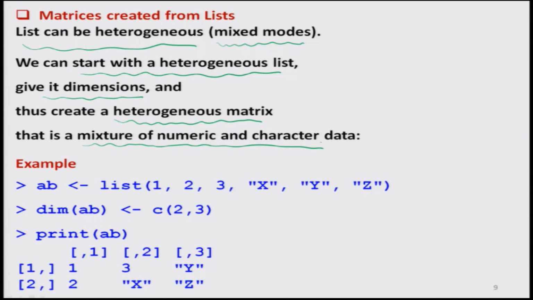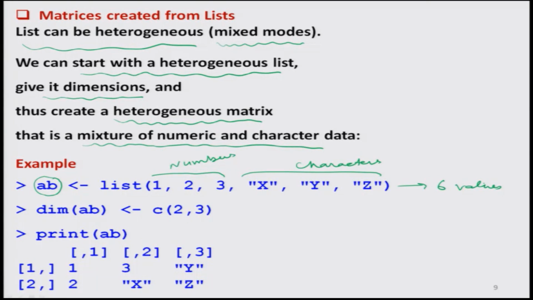Suppose I try to create here a list by the name AB, and this list has two types of entries. One is numbers and another type is character. So, I am taking here 3 numbers 1, 2, 3 and 3 characters x, y, z, and this is a list. So, altogether there are 6 values, 3 numbers and 3 characters.